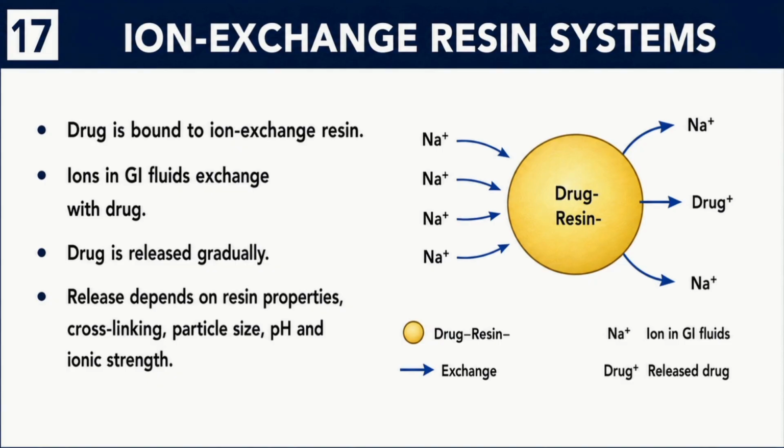The release mainly depends on factors like resin properties, degree of cross-linking, particle size, ionic strength, gastrointestinal pH, and so on. These systems are particularly useful for controlling the release of ionizable drugs.